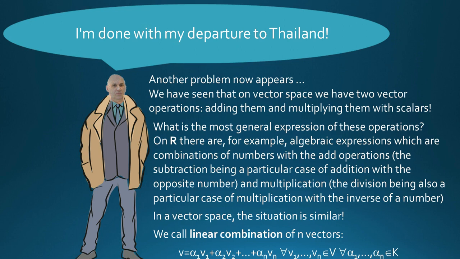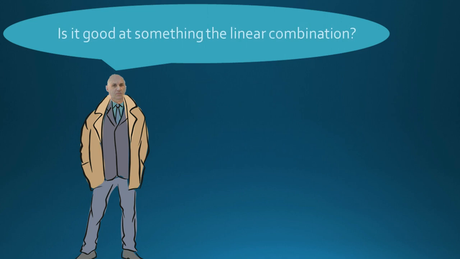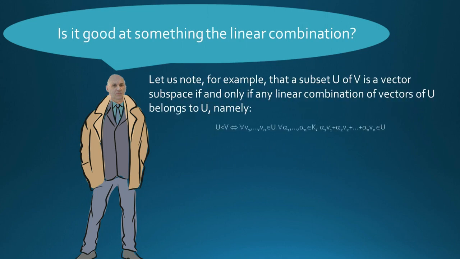We call linear combination of n vectors V equal alpha 1 V1 plus alpha 2 V2 plus alpha n Vn, for any V1 Vn in V and alpha 1 alpha n in K. It is good at something, the linear combination.